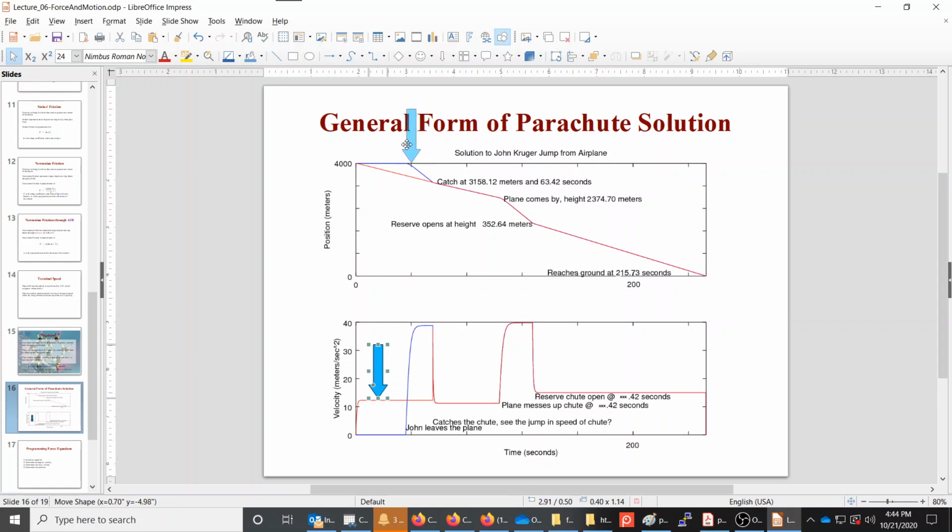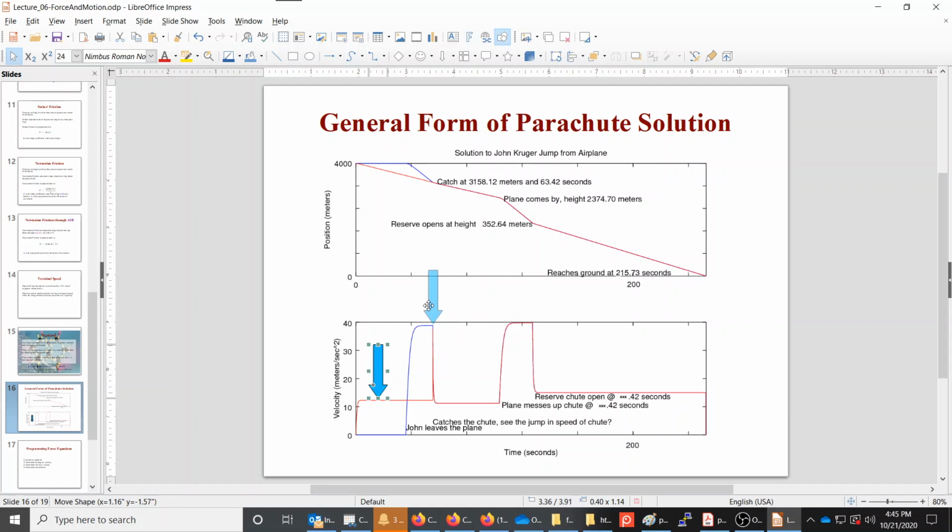All right, so then down here he's falling, and right here at this point is where he catches the parachute. So he catches the parachute and he gets it on and opens it up.